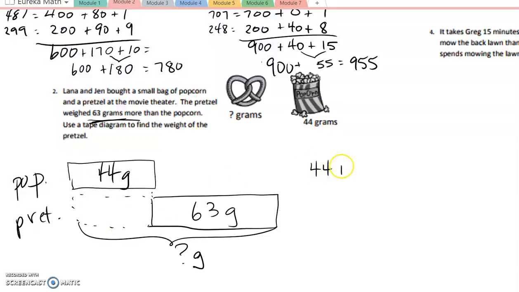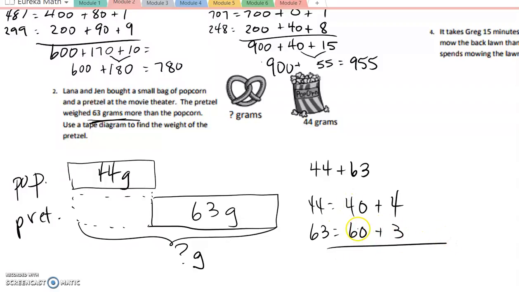So 44 plus 63. Well, let's show that in expanded form. 44 is 40 plus 4, and 63 is 60 plus 3. 40 plus 60, well, that's 100, plus 4 plus 3 is 7, so my answer is 107 grams.